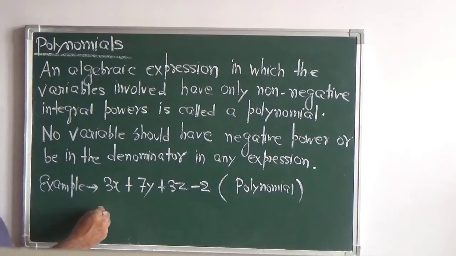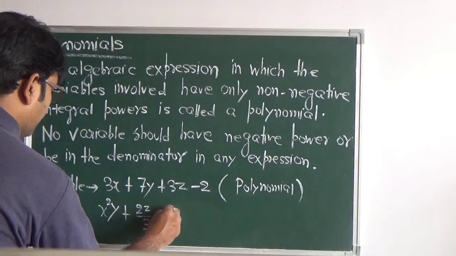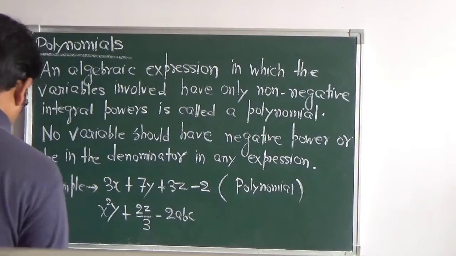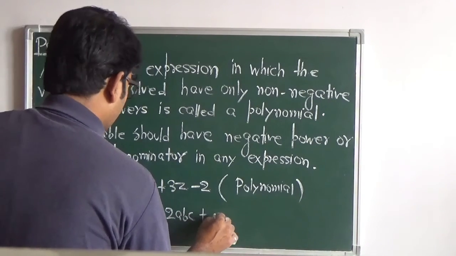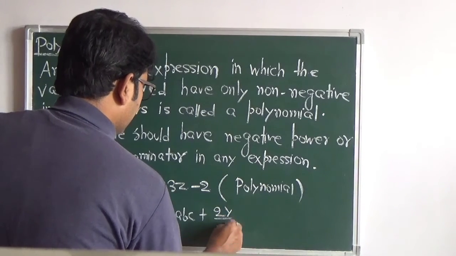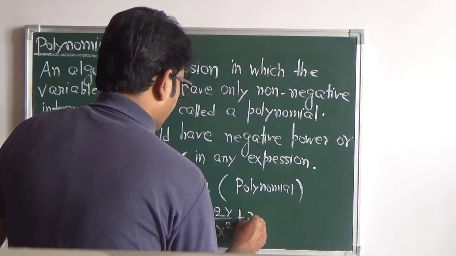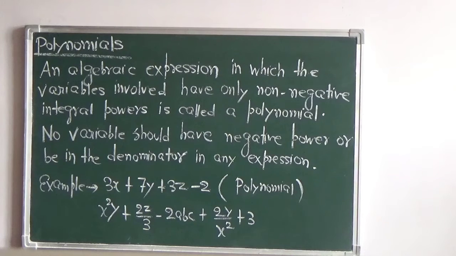But if we write like this, x squared y plus 2z by 3 minus 2abc plus 2y by x squared plus 3. Now if you look into this, the literal x squared, which is in the denominator, if you take it into the numerator, it will become negative.